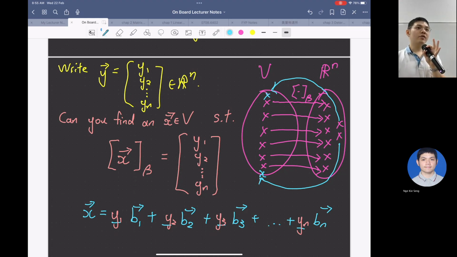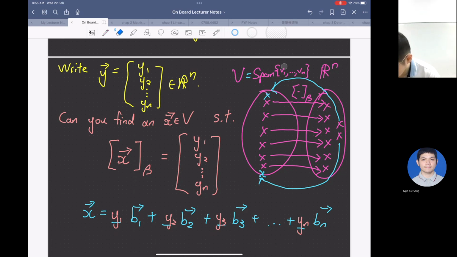We already know how to do computation on Rn, but a vector space can be general, like the set of polynomials, the set of infinite sequences, or the set of anything, as long as the vector space is defined. But we have surprisingly found a map between a vector space and Rn, given that this vector space is equal to the span of V1 up to Vn.